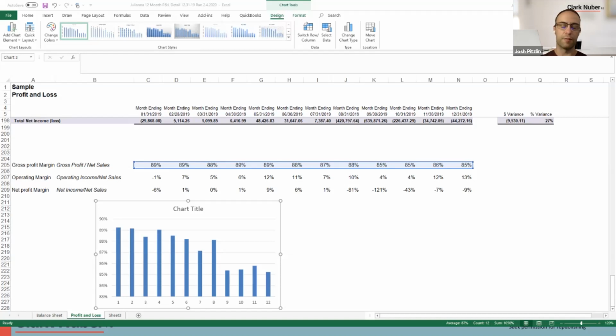So if your company is experiencing cash flow issues, I would be focusing on some of those quick current ratios on the balance sheet as, okay, this is what I'm going to focus on first. This is what I'm going to wrap my head around. What's our trend for the company?